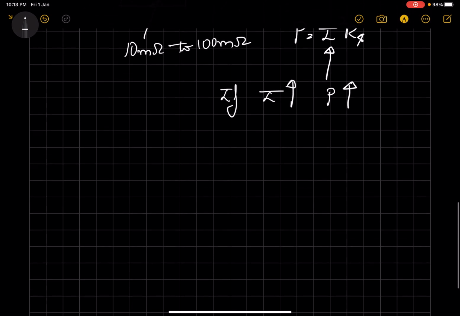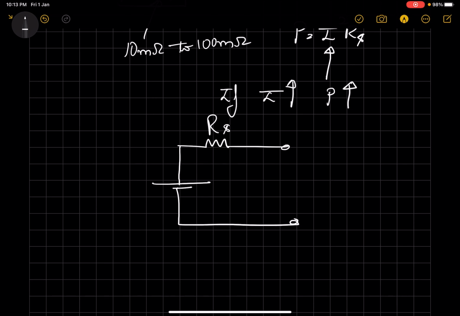Along with these I square R losses, there are other effects that can be seen because of this internal resistance. Let me try to explain that. This is Rs, this is voltage E, and we'll have a load here.